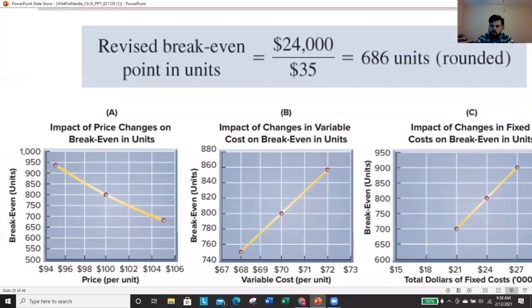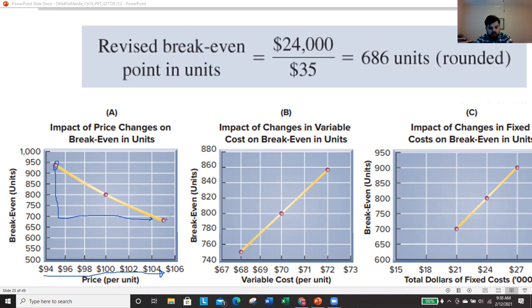So if I come in and we see that I raise my price, my selling price per unit. As I raise my selling price per unit, the number of units I need to sell to break even is coming down. So when I'm selling at $95, I need about 950 units to sell in order to break even.